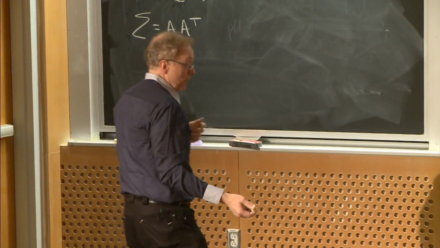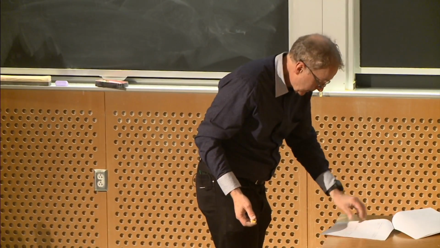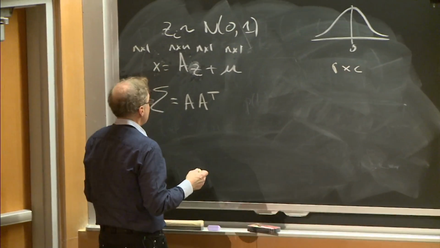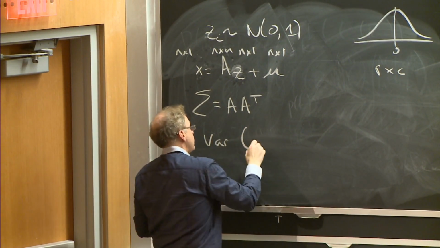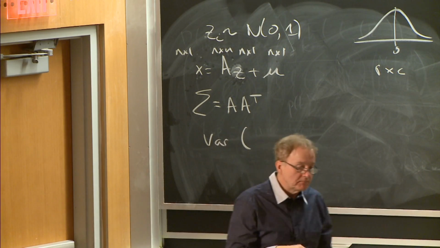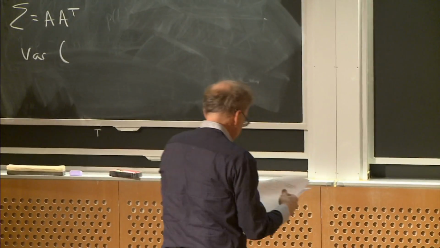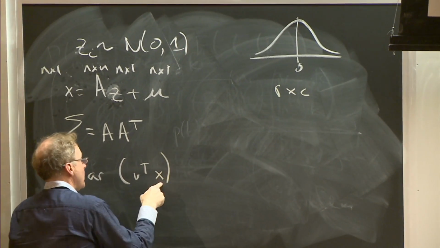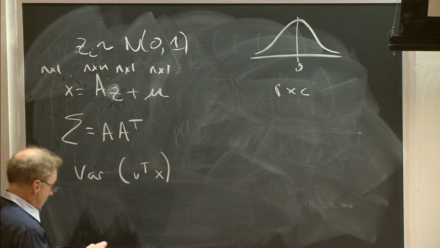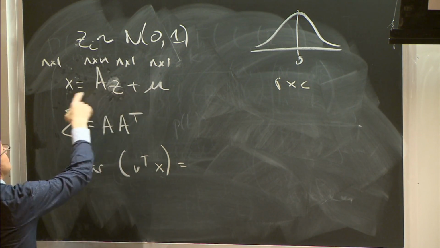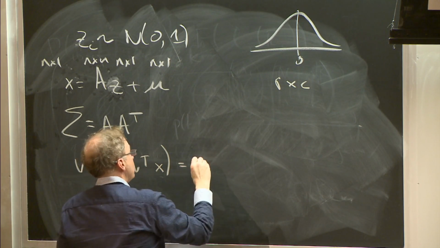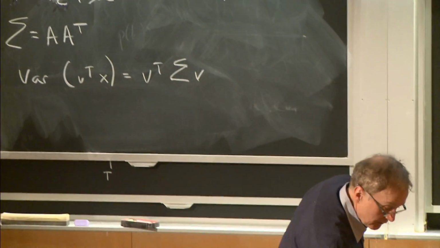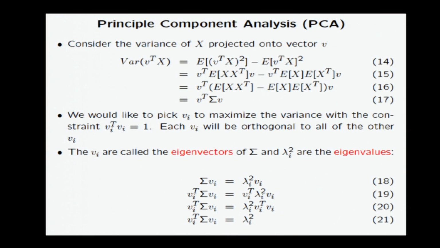Okay. Well, the next thing I'd like to say is that the variance of a vector, we'll call it V, times x, which is a random variable, where x is derived from this distribution, is going to be equal to V transpose sigma V. And the demonstration of that is on the top of this page.